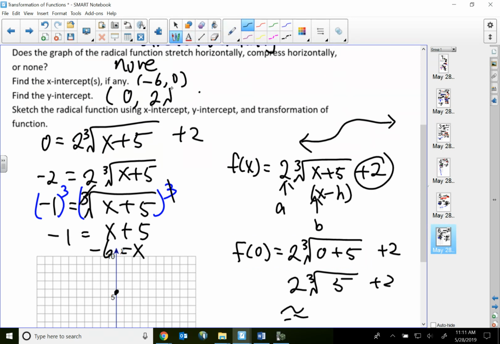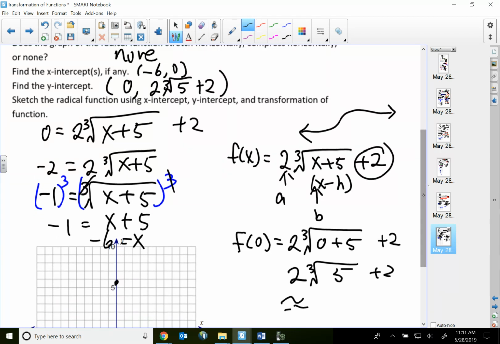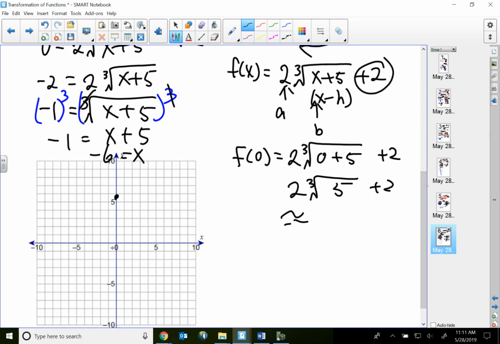I do expect you to write me the exact answer on the quiz, but when you plot them, you can use the approximate answer. It gives you a guide for where the y-intercept or x-intercept is going to be. Negative 6, 0.